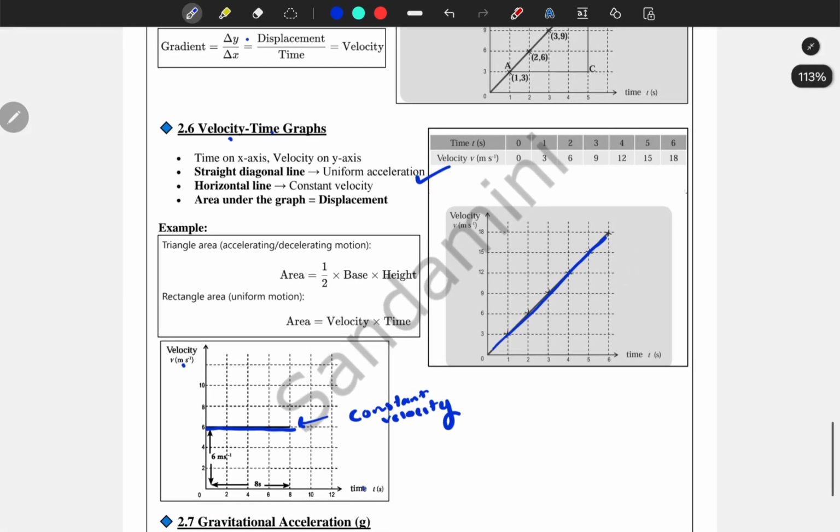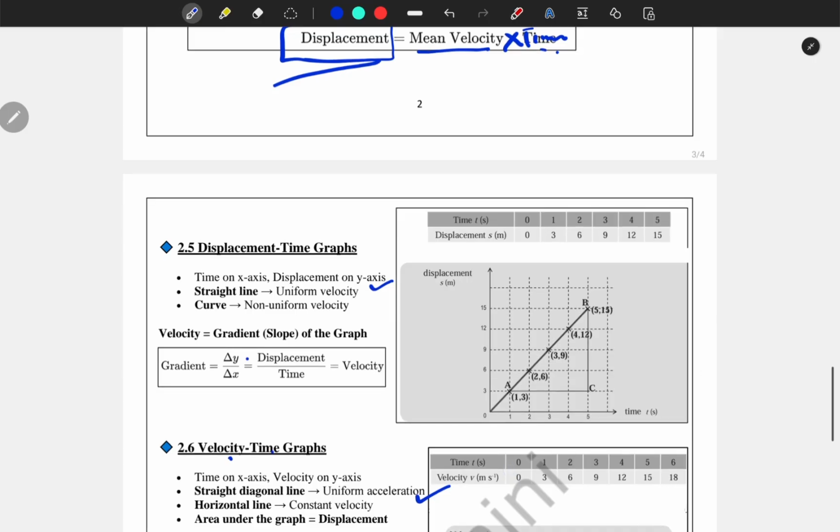In a velocity time graph, a horizontal line is constant velocity, but in a displacement time graph it should be this kind of a slant line, not this kind of line.